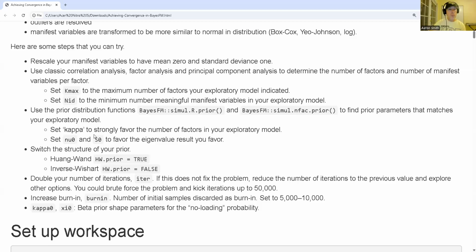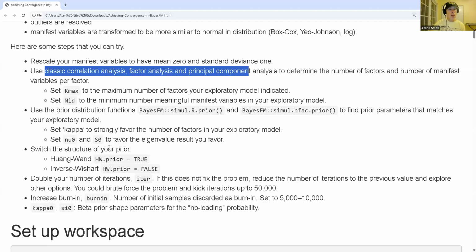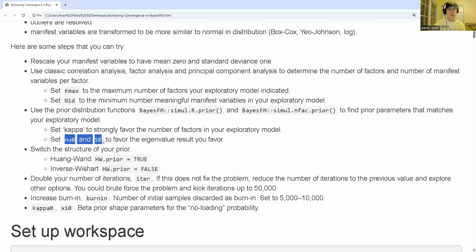All right, so I'm going to set kappa to strongly favor the number of factors in the exploratory model that I found here. I'm going to set nu naught and s naught to favor the eigenvalue results that we want. So with this one, we're going to choose nu naught and s naught so that we don't have our prior clumped up at 0 for the minimum eigenvalue, and we don't have 1 for the maximum correlation is how we're going to proceed.